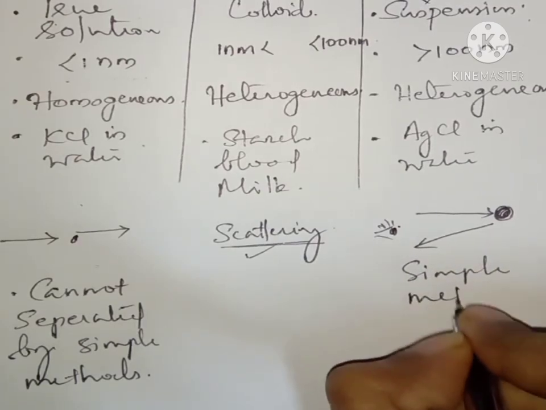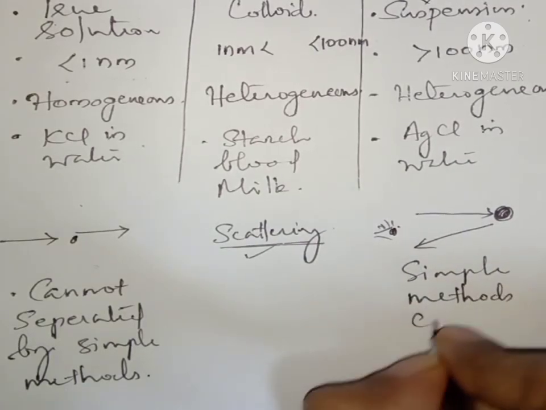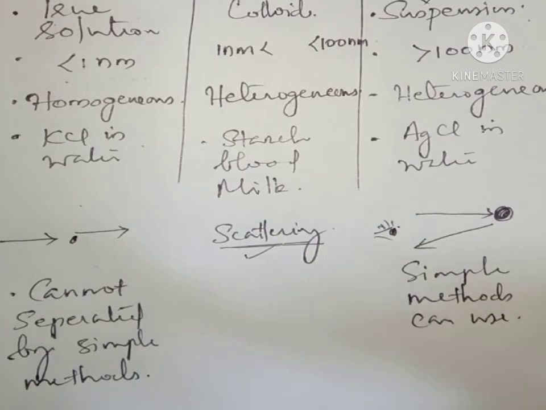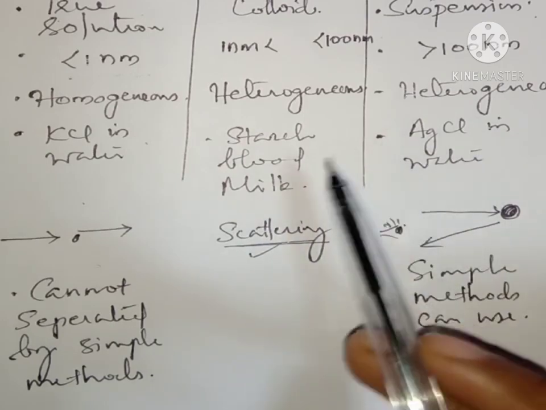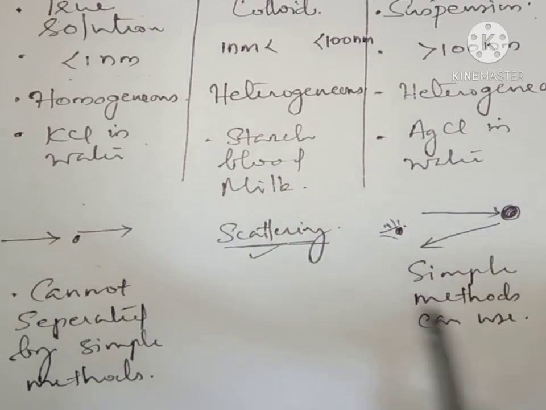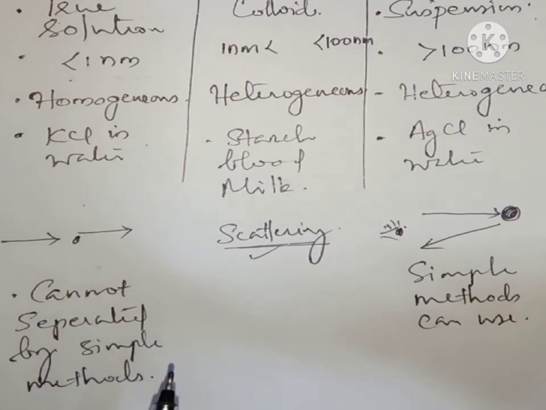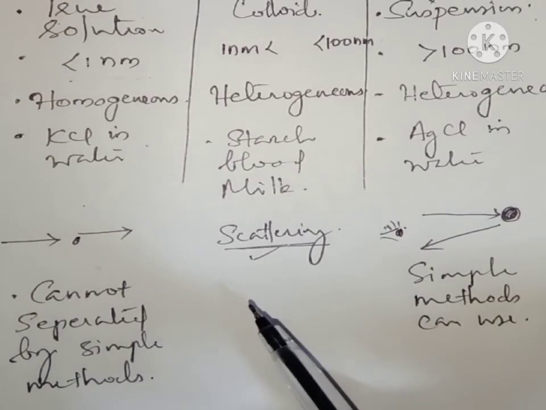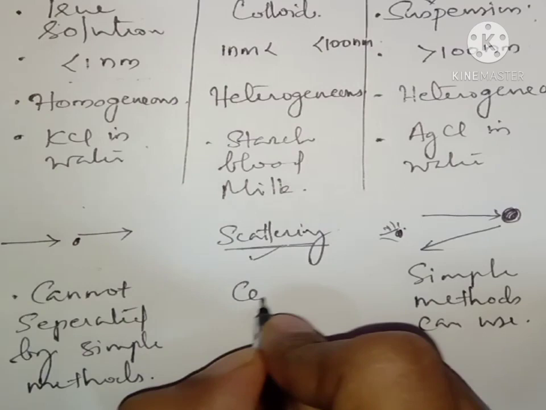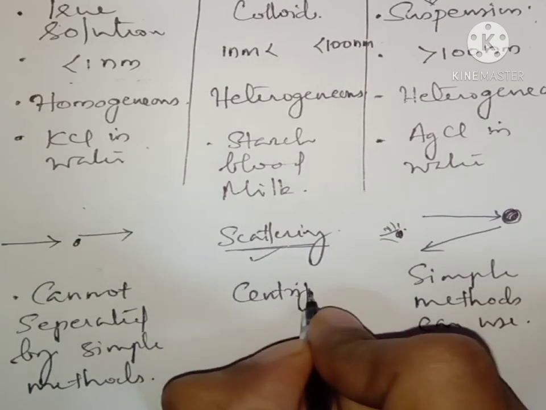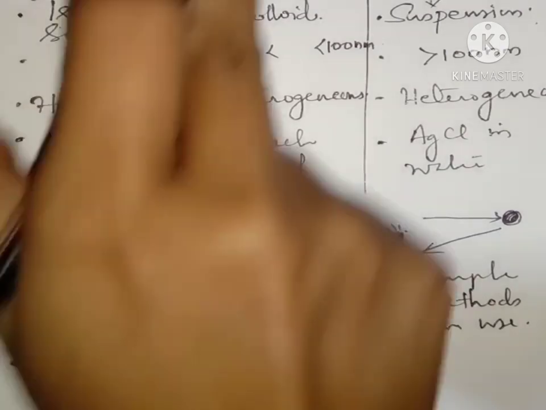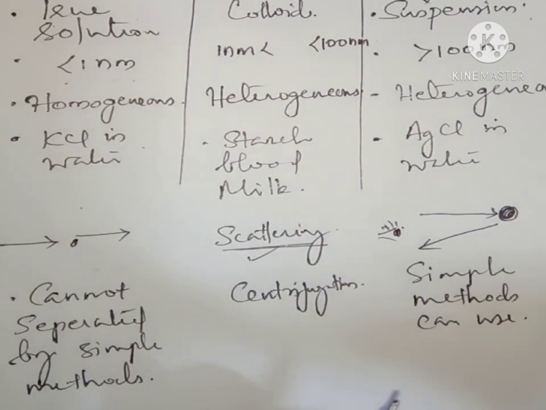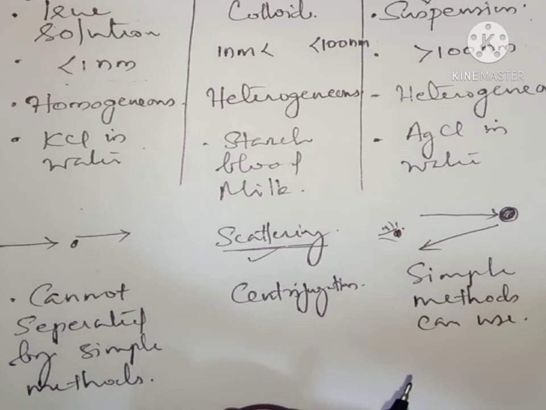Simple methods work. Coming to colloids, some physical and chemical methods are used to separate the particles. Simple methods cannot be used for the separation, but some physical methods like centrifugation are used for the separation of particles in the case of colloid. So let us discuss colloids in detail.